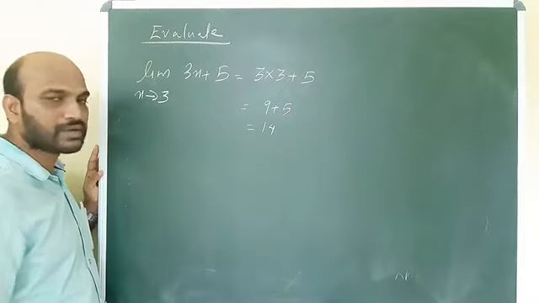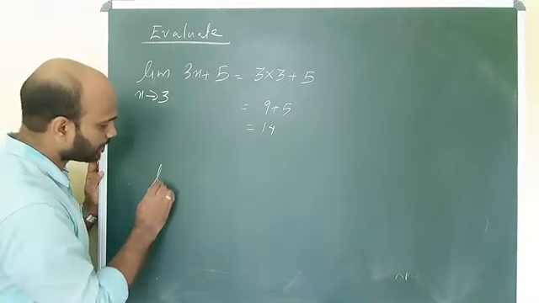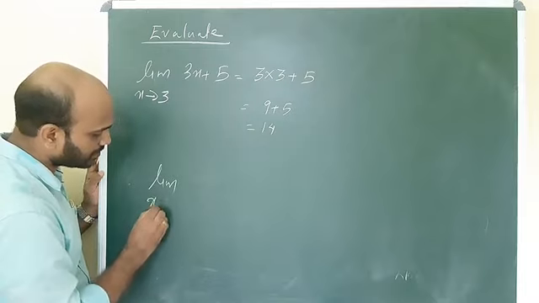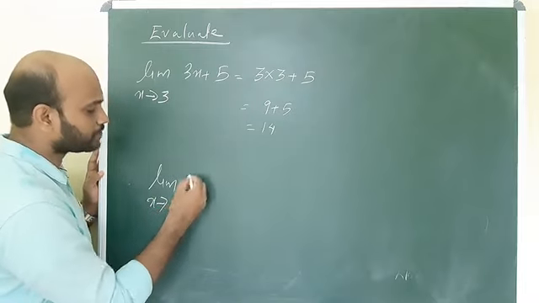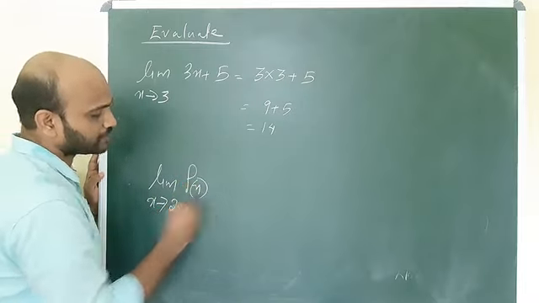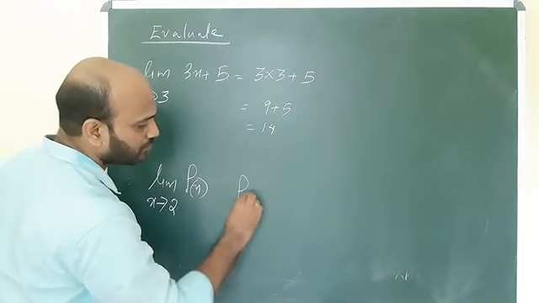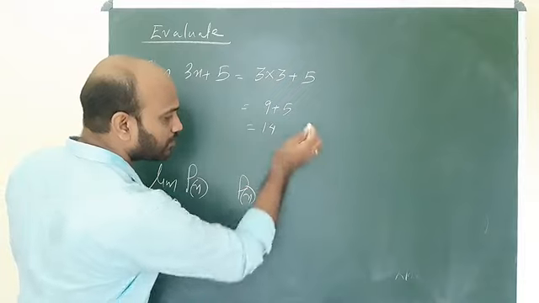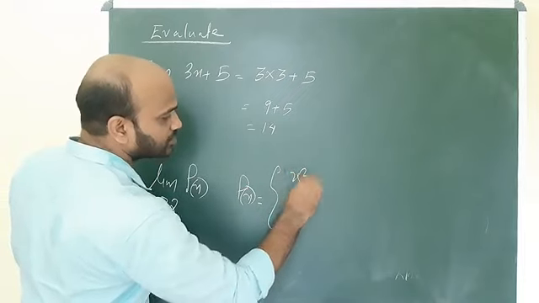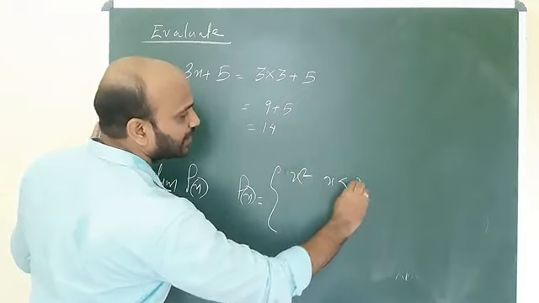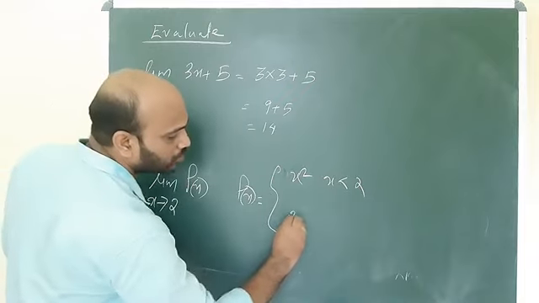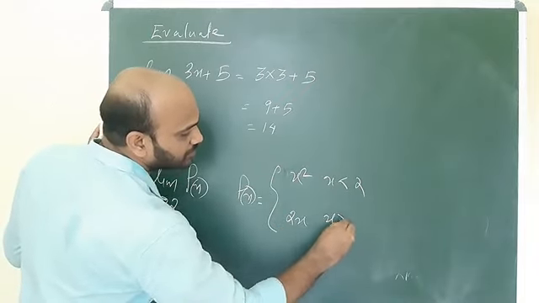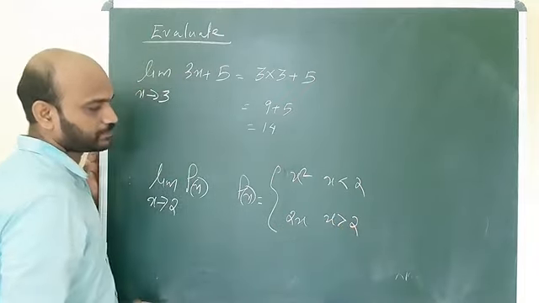Okay, take the next question. Evaluate limit x tends to 2 of f of x, for f of x equal to x square when x is less than 2, equal to 2x when x is more than 2.